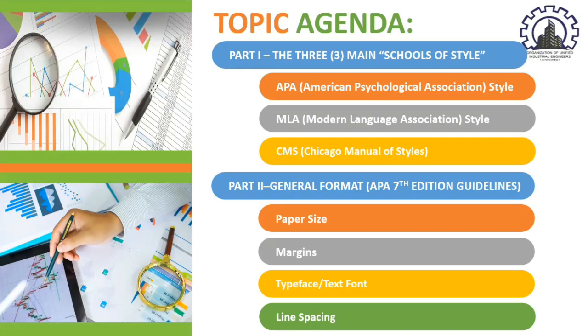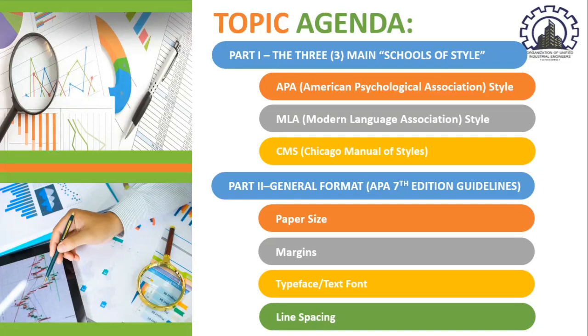Now, in today's semester, in your thesis, since our school is adapting the APA format, we will be abiding by the APA 7th edition guidelines. Since this 7th edition was just recently released, it was released in October of last year, that's 2020.